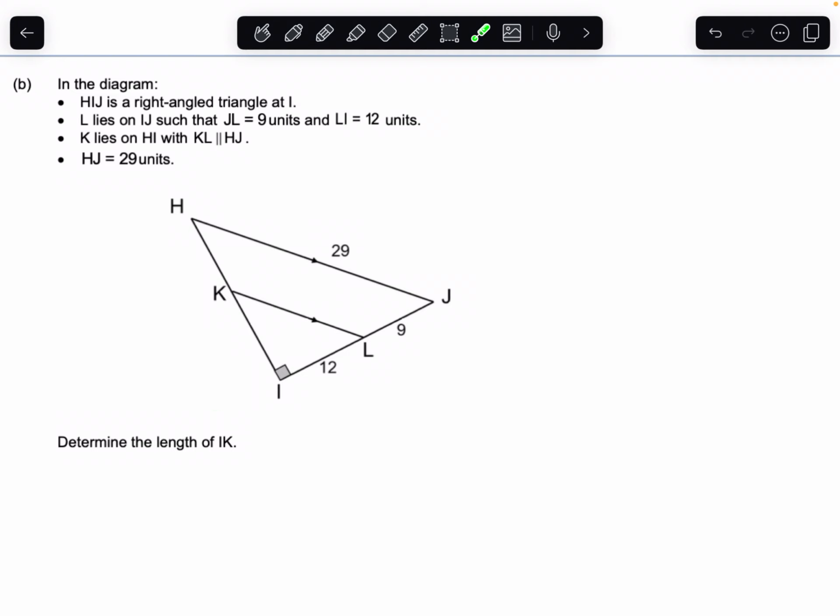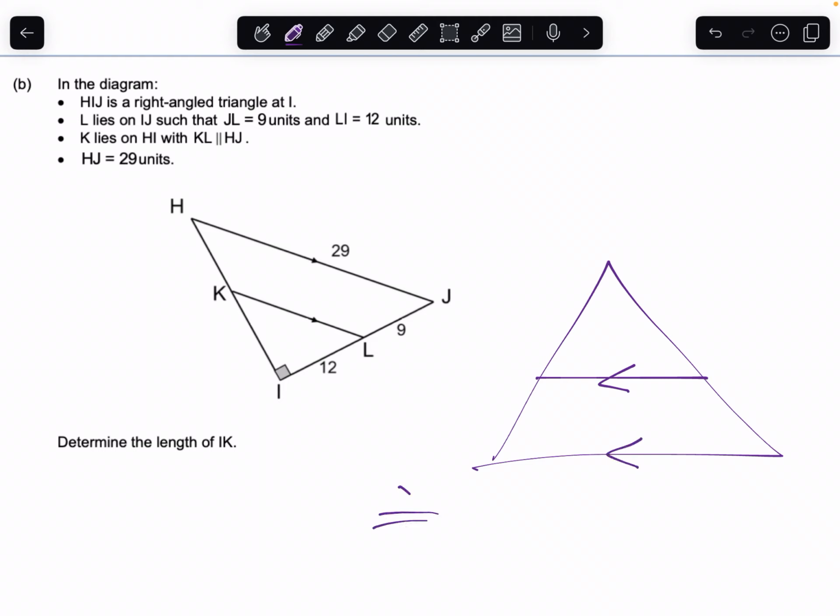So this is, I think, quite a straightforward similarity problem. You could look at it in terms of similarity or in terms of the theorem that says if you have a triangle and you draw a line inside the triangle such that it is parallel to one of the sides, then the ratio of this side to this side will be the same as the ratio of this side to this side.